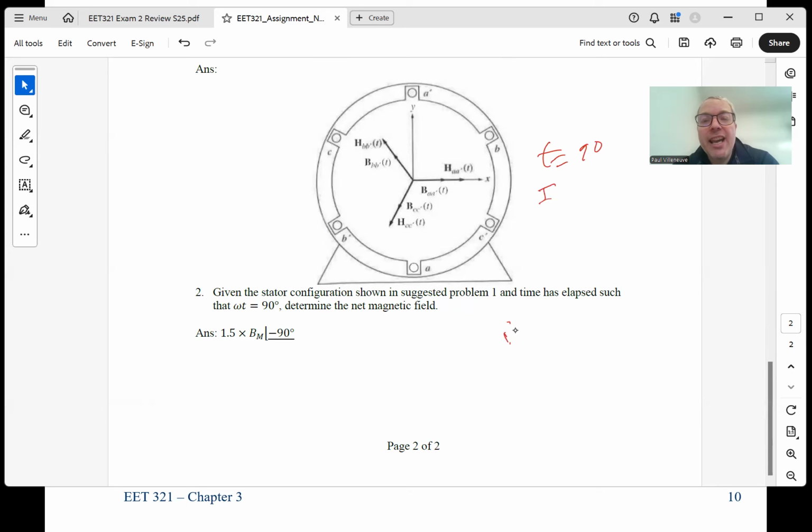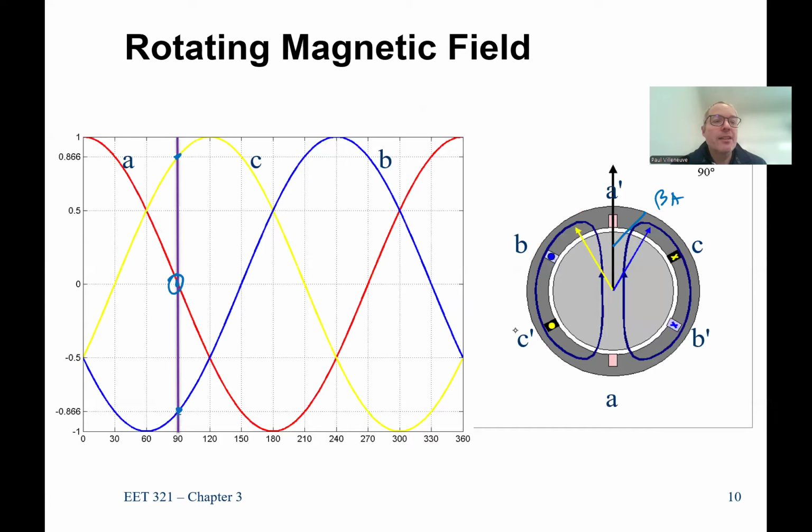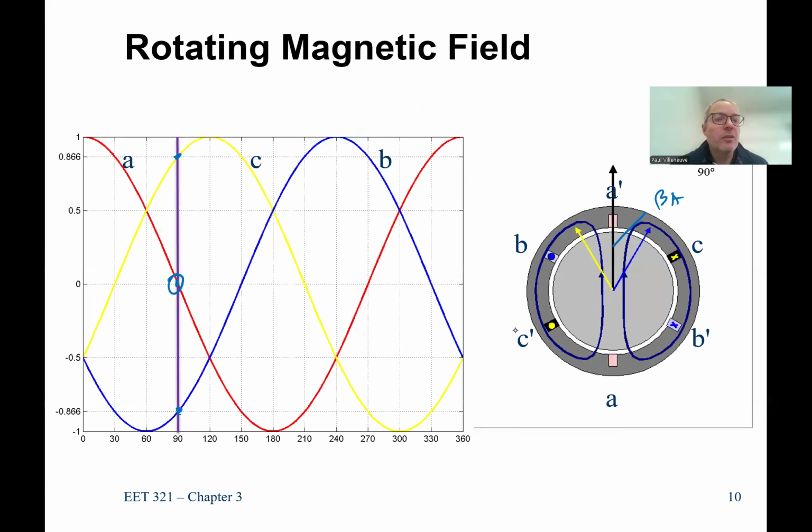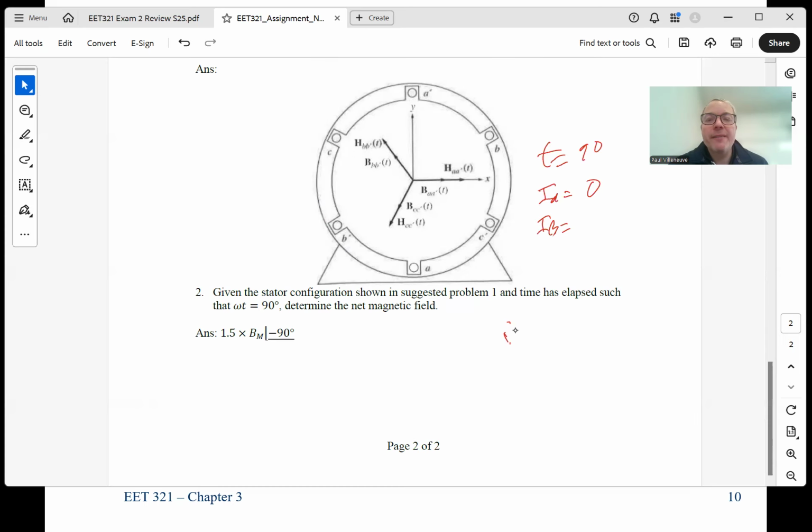So we said IA at T equals 90 degrees is 0, right? Yeah. IB is equal to minus 0.5. And these are just minus 0.5 or whatever the magnitude of current is. It could be 1,000 amps, it could be 1 amp, we don't know. And then IC is equal to positive 0.5, right?